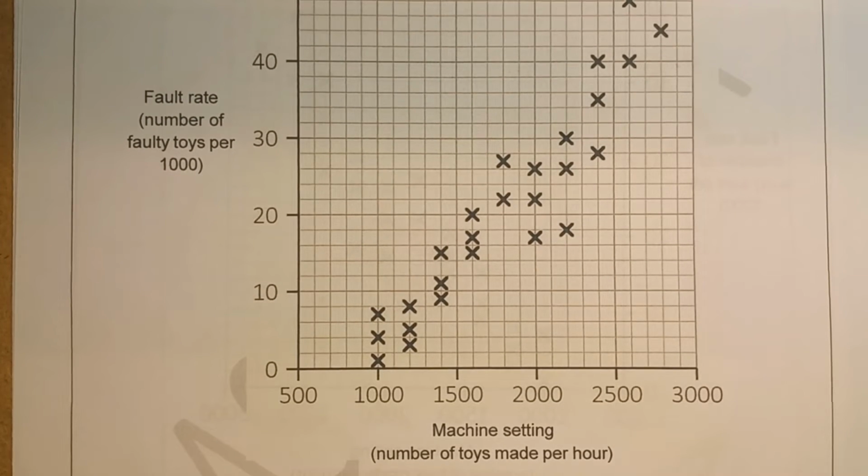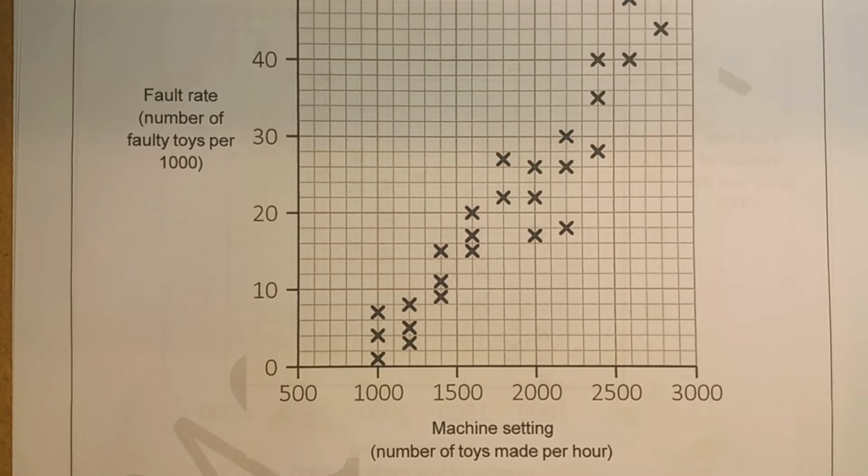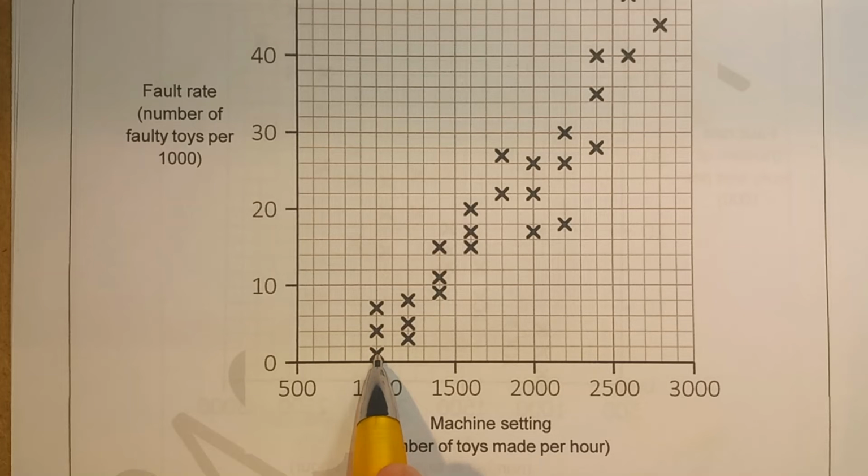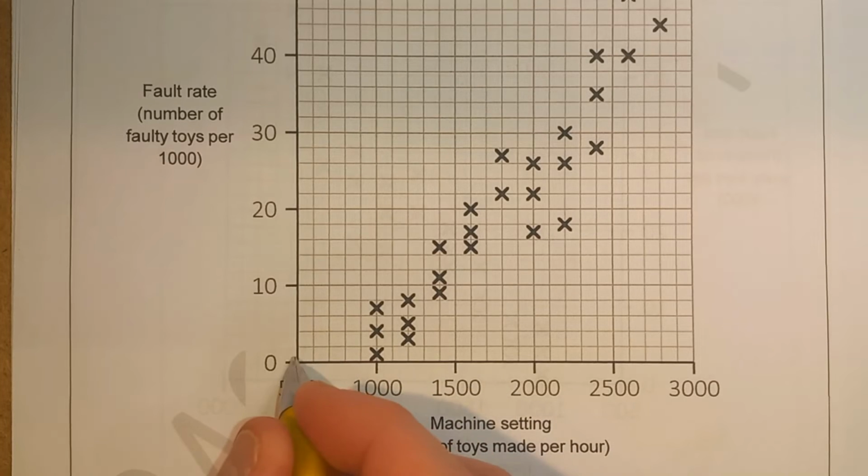So what this is telling us is, when we had the machine set to make 1,000 toys per hour, on one instance we had, what's this, halfway here.